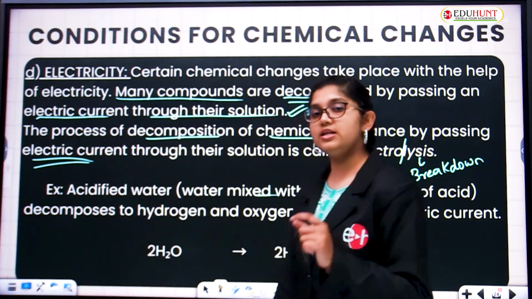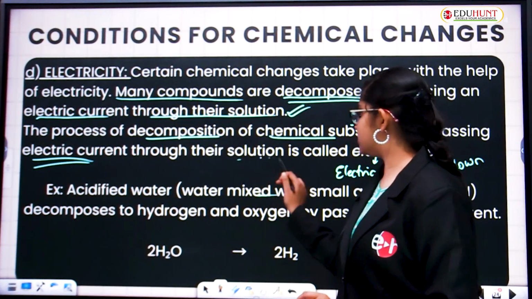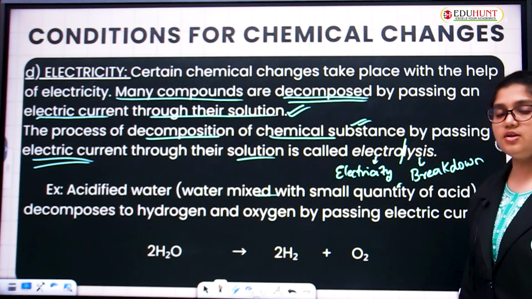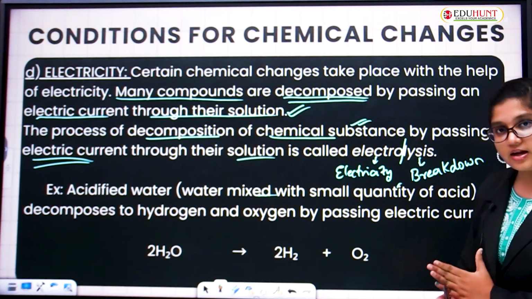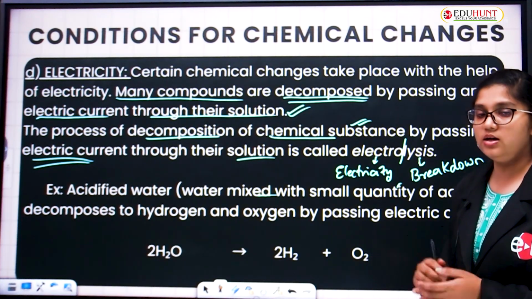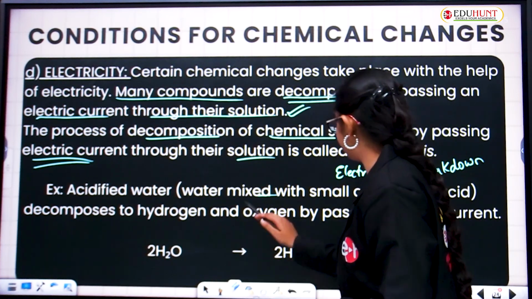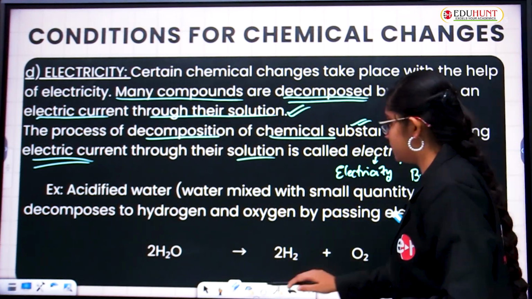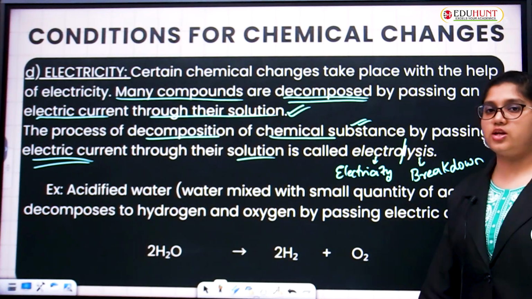So by passing electric current, if any substance decomposes, that process we call electrolysis. అంటే using electricity we are breaking the main substance into two or more and decompose చేసేస్తున్నాం మనం ఆ ఒక chemical substance. That is nothing but the electric current and the electricity with the breakdown, namely electrolysis, right?